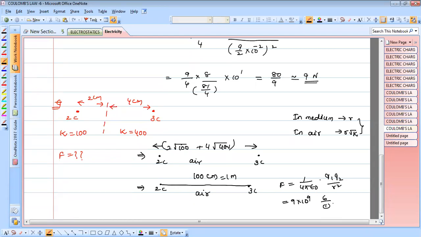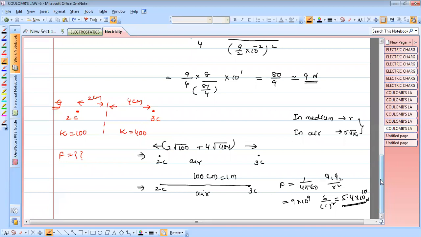R is distance 1, square. Distance is 1 meter, 1 square. Finally your answer is 5.4 into 10 power 10 newtons. So this is the answer if the medium is replaced with air.